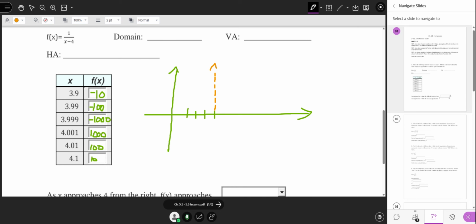Takes me a little bit to graph, and I have trouble breathing while I'm trying to graph. So, it looked kind of like that.